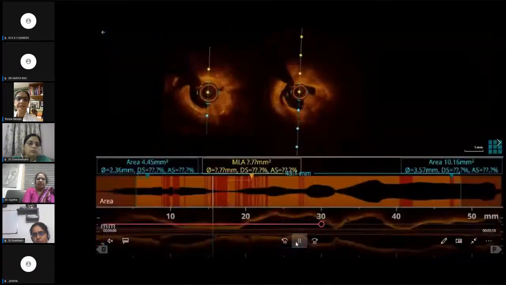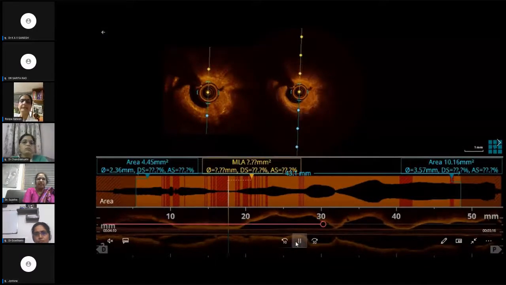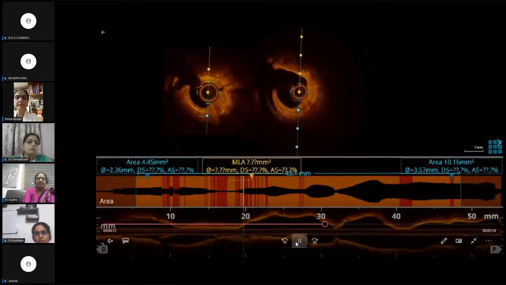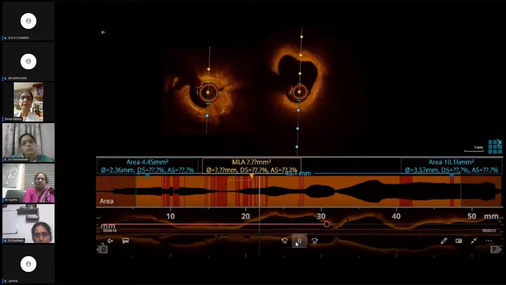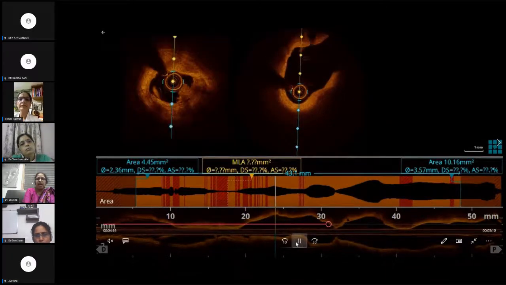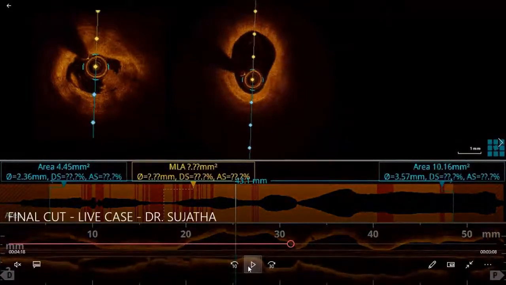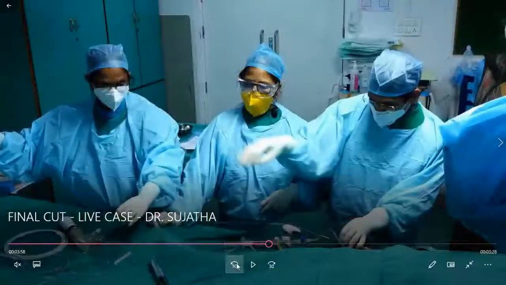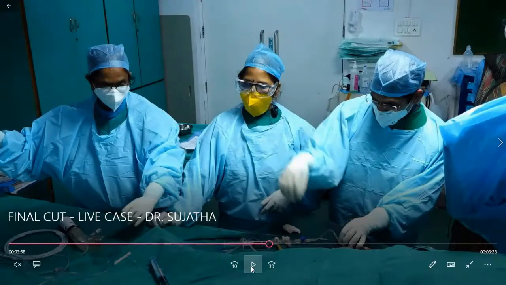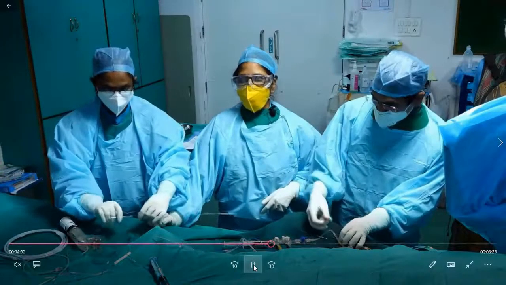So basically, the MLD max algorithm has made the situation. You can see the OCT catheter as it comes across. You can see that there is a mixed plaque. Before we placed the OCT catheter, we pre-dilated with a 2 balloon just because it was a very critical lesion.